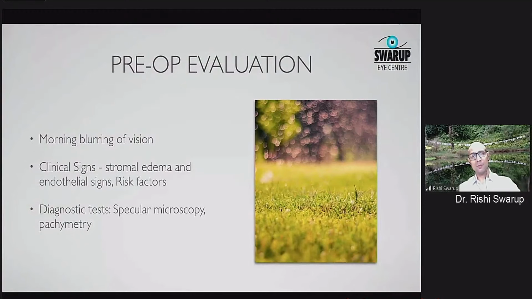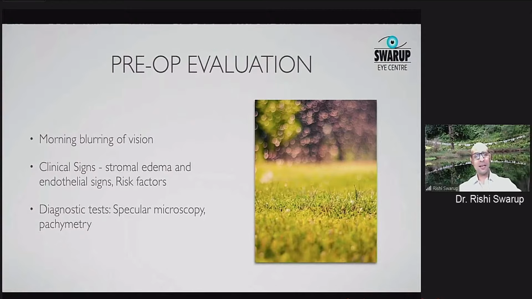So you might pick up an early stromal edema or a weakening of the endothelium, which could of course result in a post-operative problem. Look for other clinical signs of edema on the slit lamp. One of the very easy ways to look for stromal edema, I'm just going to show you in the subsequent slide. And of course, you want to look for other risk factors like hard cataracts, pseudoexfoliation, etc.